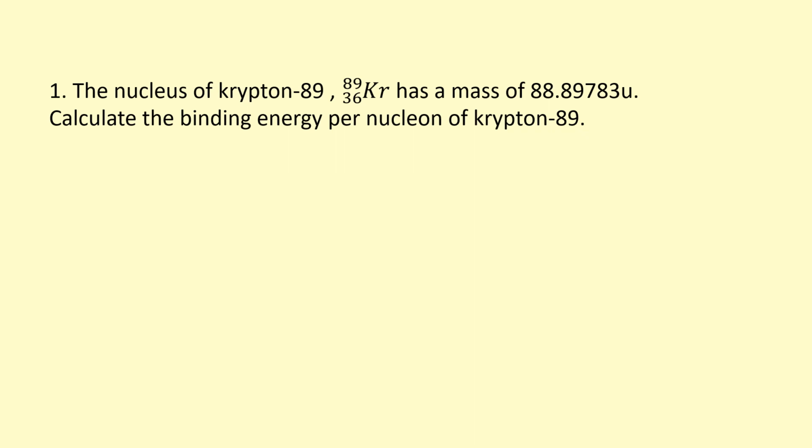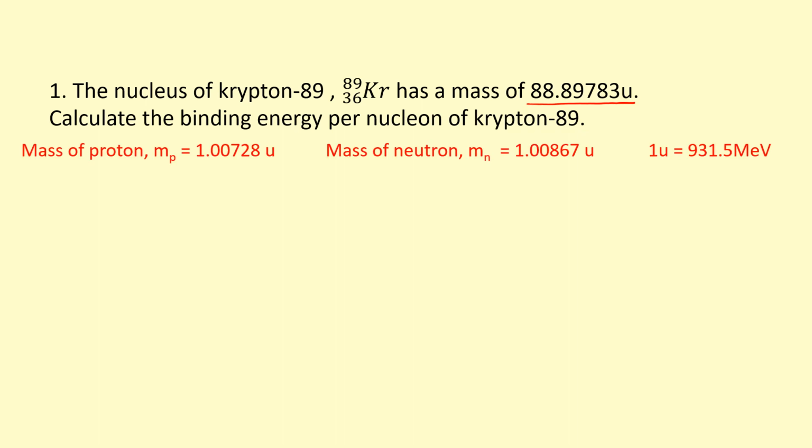Okay, in this example, I'm going to find the binding energy per nucleon of krypton 89. Okay, so the mass of the nucleus is given in atomic mass units here. I want to find also the mass of the separated nucleons to get the mass defect. So I'm going to go to the data sheet and figure out the mass of those, and write those down. Okay, so we've got the mass of the nucleus here, and I'm going to deduct from that the mass of the separated protons.